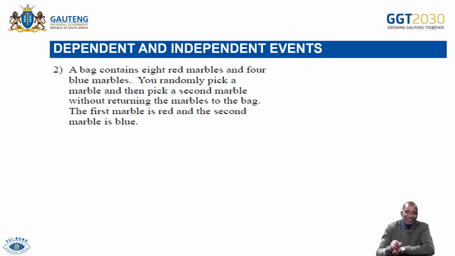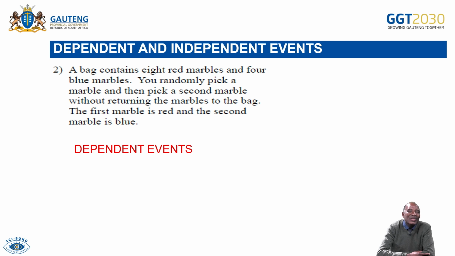Okay. There we go. Our answer, these are dependent events. The second marble depends on the first marble that was drawn out. So the probability of obtaining a red one is 8 divided by the total. All in all, 8 plus 4 is 12. That is our sample space, 12.